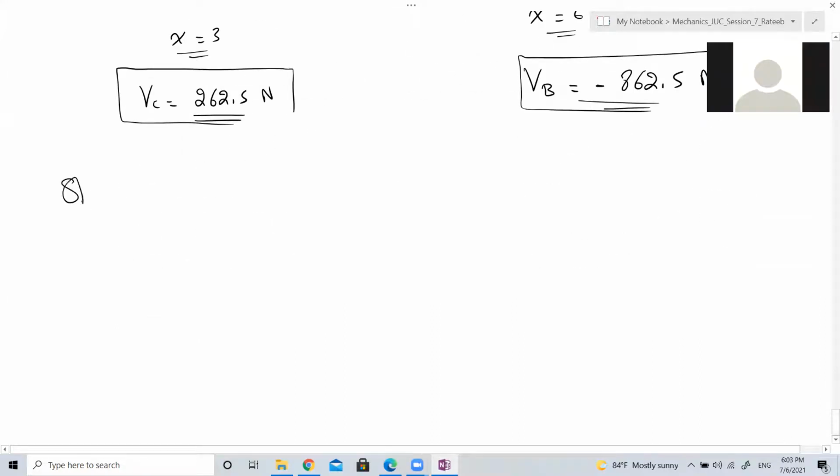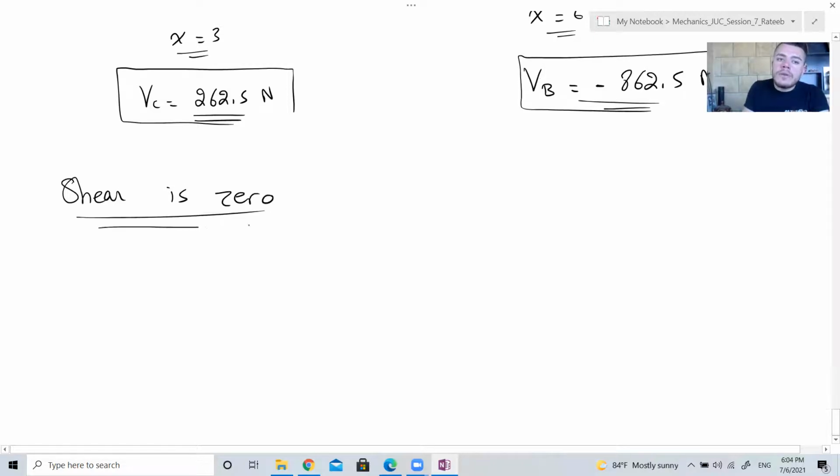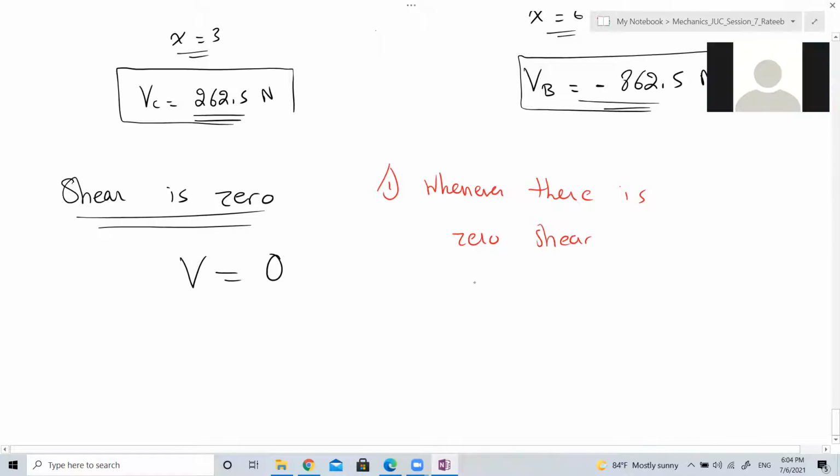That means it's maximum moment. Right. Whenever there is 0 shear, this means moment is max.